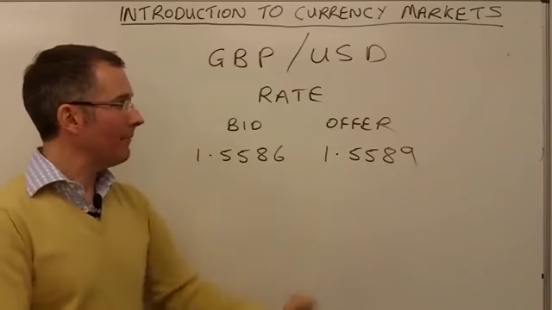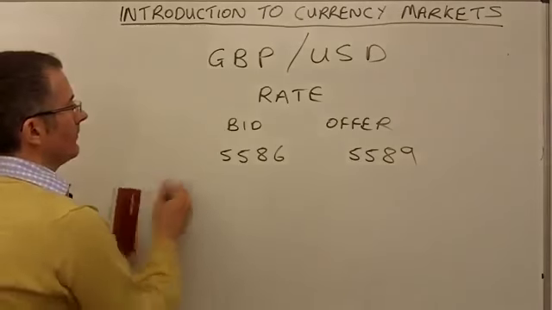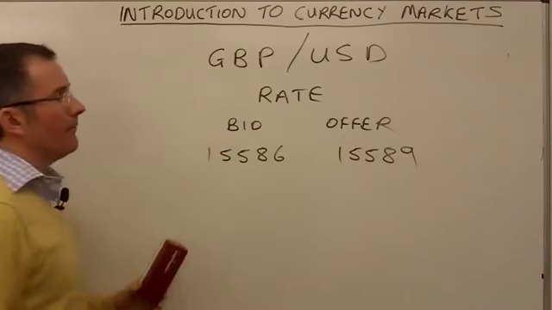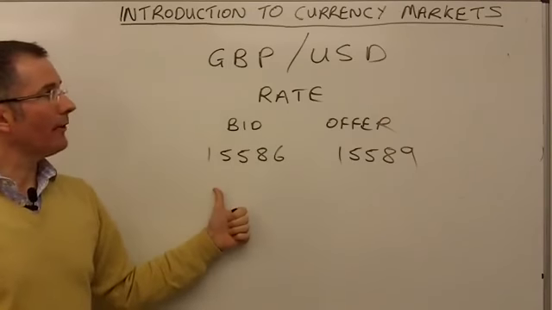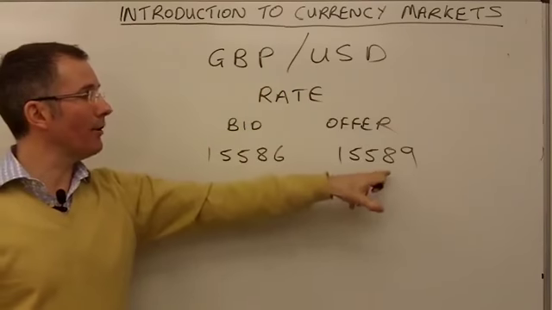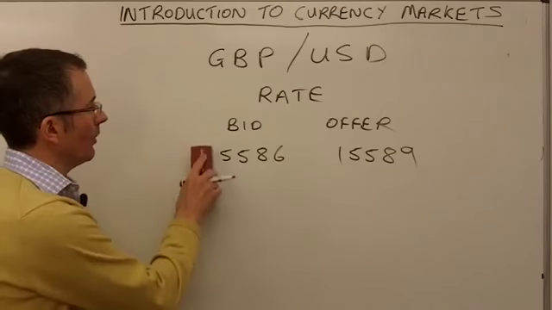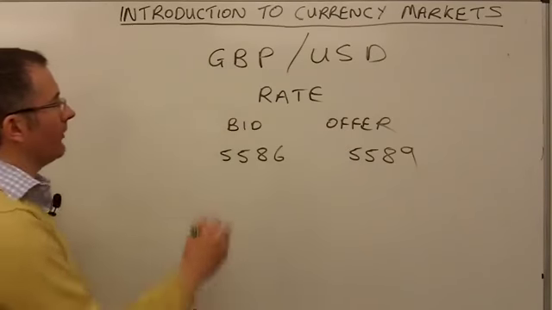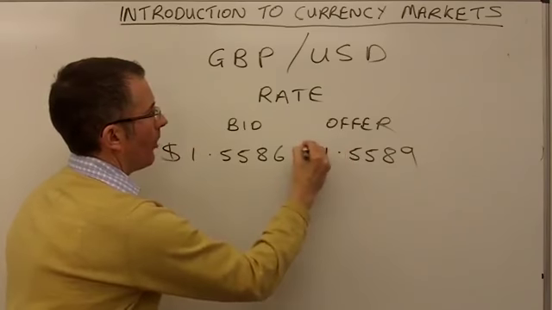It may even appear like that. But everybody knows that this is a currency quote. Once you know that you're dealing with this pair, you know that these are dollar amounts. And so let's just turn that into, for the sake of this example, something that looks a bit more normal.